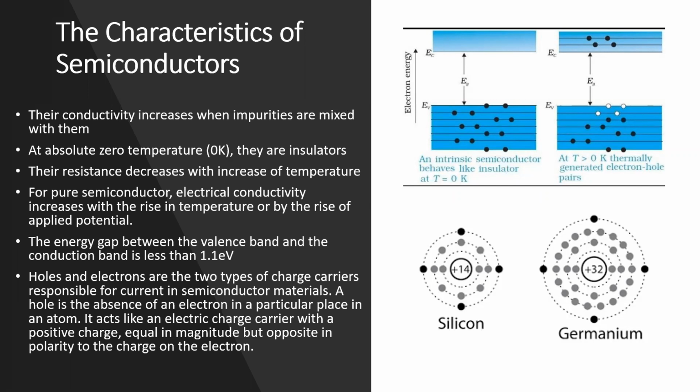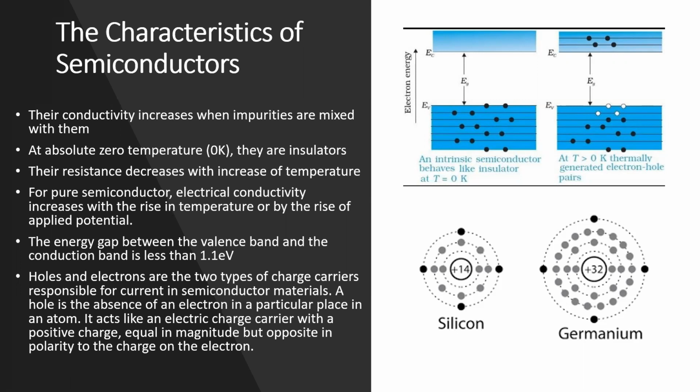If that is above this potential barrier, this band gap, maybe they get about 1.2 electron volt energy from the applied potential, then also they can rise to the conduction band and conduct electricity.